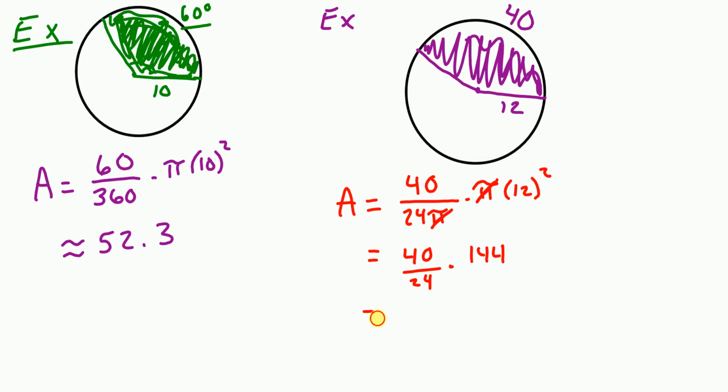Okay, so you should get 240. Area is 240 units squared. Remember, area is always units squared. So if I were to give you that this was centimeters, then this would have been centimeters squared.